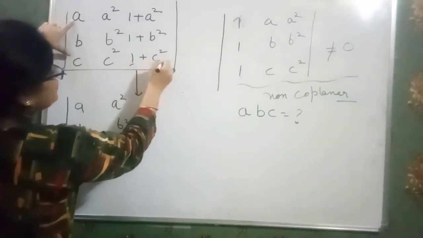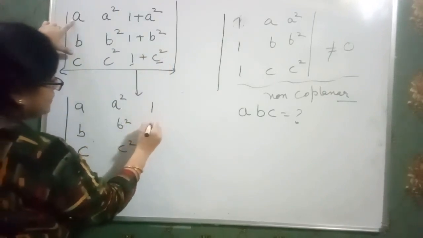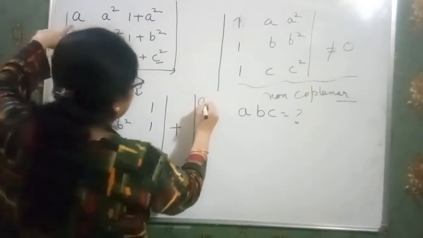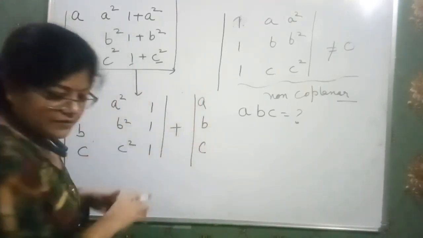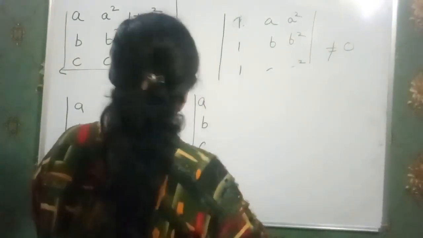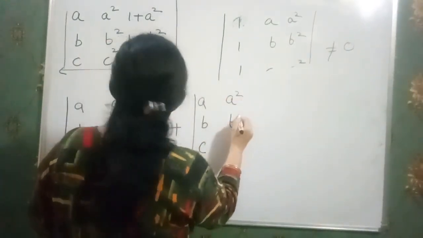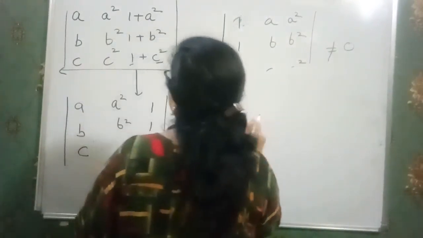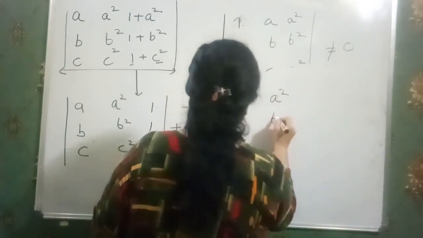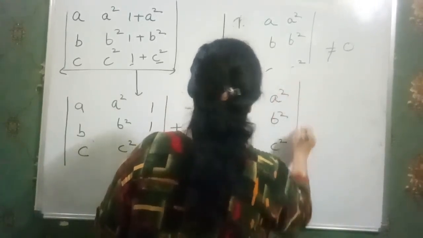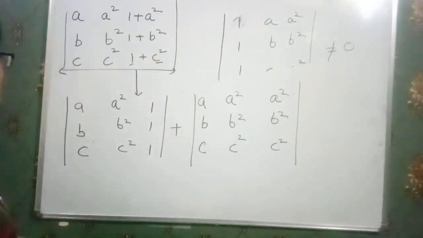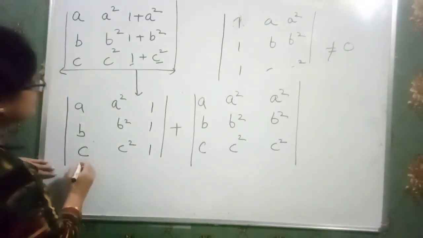So we have 1, 1 and 1 in one determinant, and in another determinant we have a, b, c and a square, b square, c square, then a square, b square, c square. Okay, so this is what? This is that one. Clear?